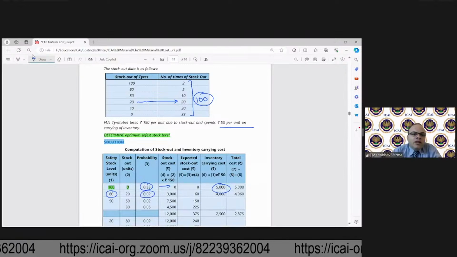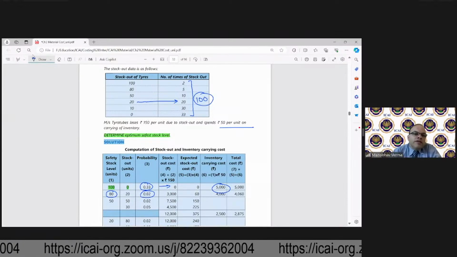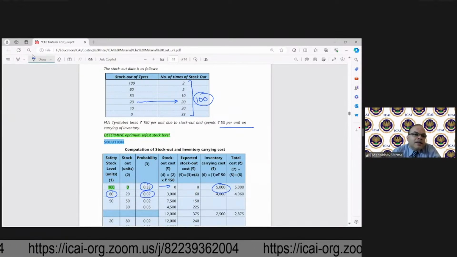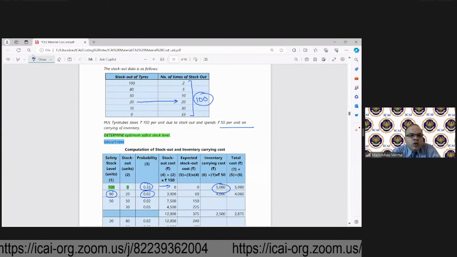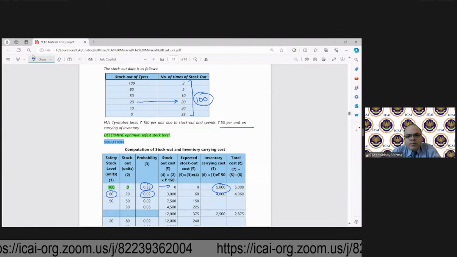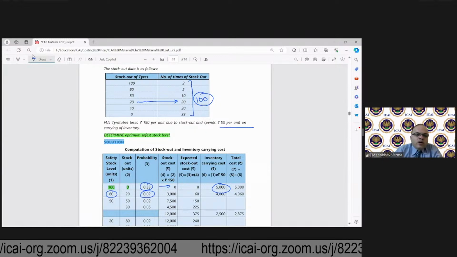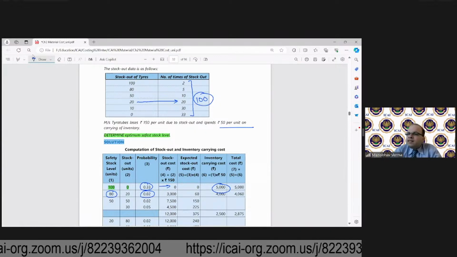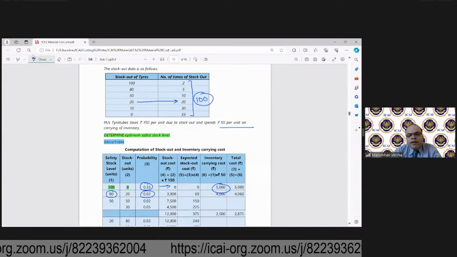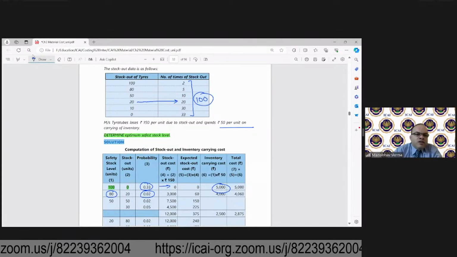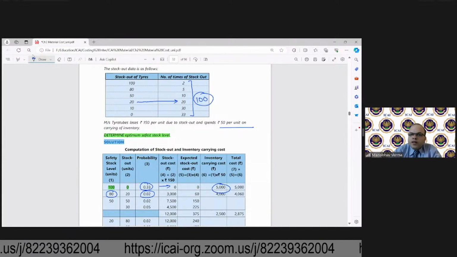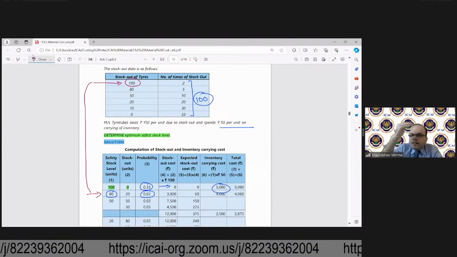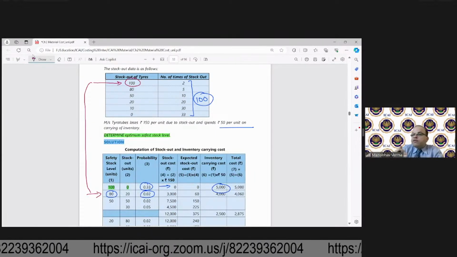And in our table, we are not looking at 20 then, but we are looking at 100 stock out here. So if there is a demand of 100, then only there will be stock out, guys. Because I'm already keeping an 80 inventory level. So I'm just linking these two for everyone's reference here. Stock out of 100 with a safety stock level of 80.